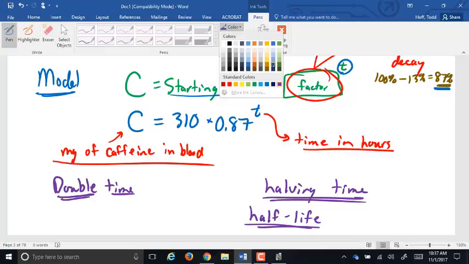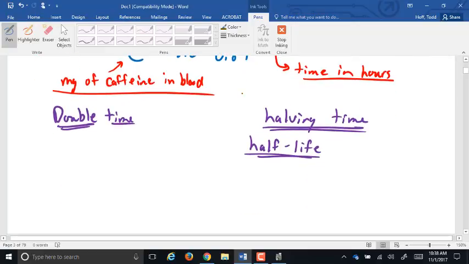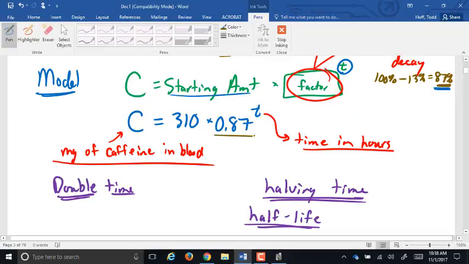So the half-life of this caffeine is the length of time it takes to get to half of the amount that it started with.